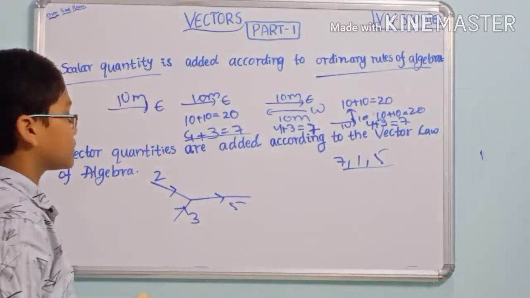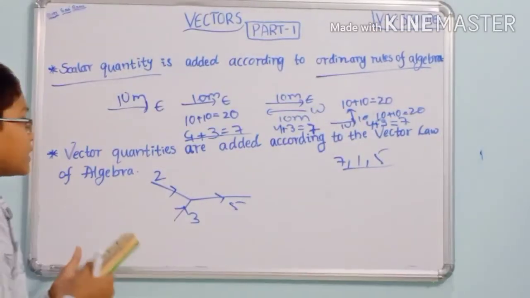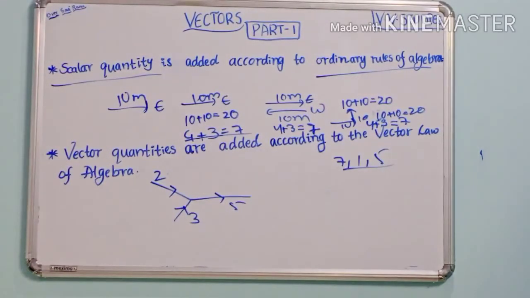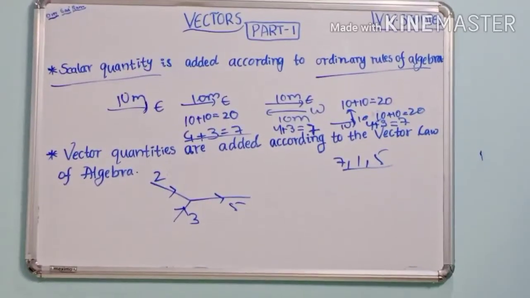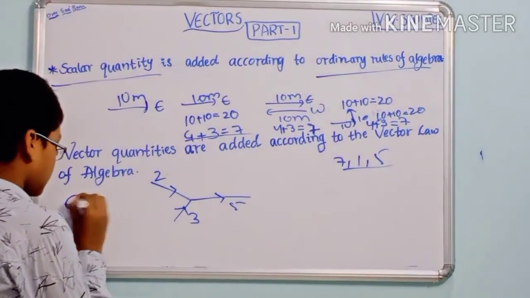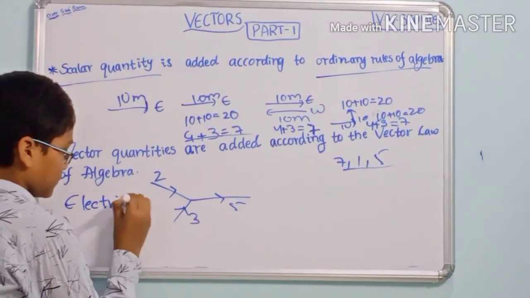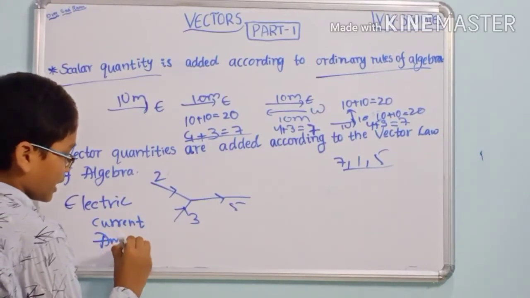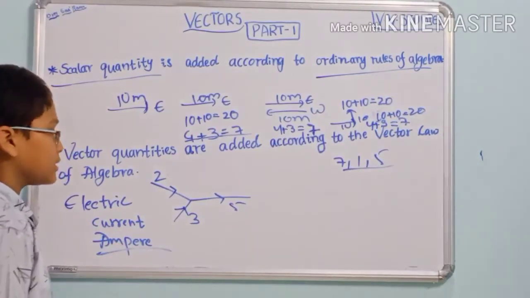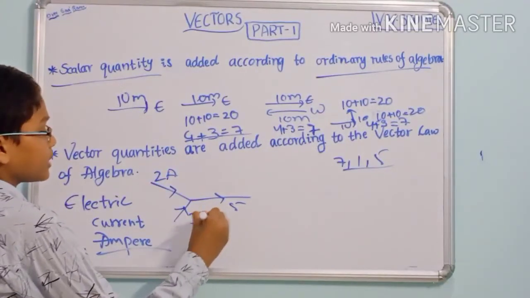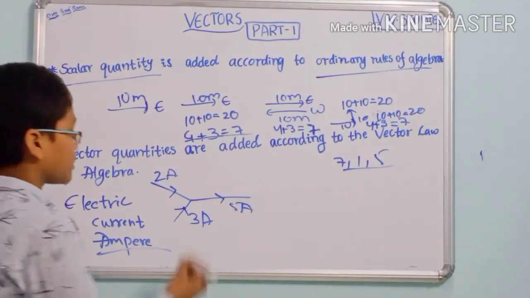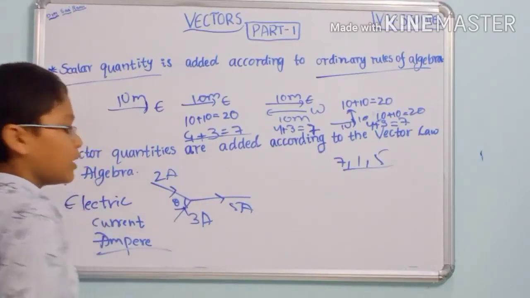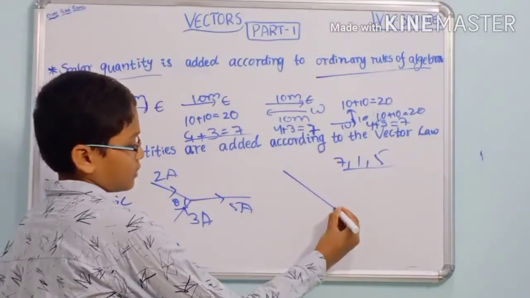Understood the scalar quantities? Now electric current. What is the unit? Ampere. Here 2 ampere, here 3 ampere, here 5 ampere. Think the angle is theta. Now I am changing the angle.